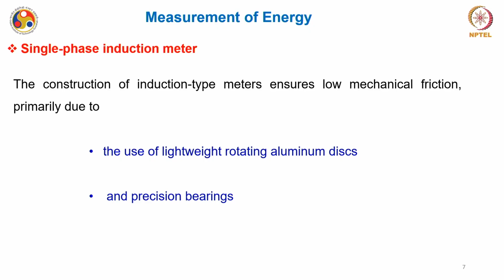This is because they use a lightweight rotating aluminum disc and precision bearings. This lightweight aluminum disc is rotated when there is a change in voltage, or when there is a flow of current, or both. Its rotation is mapped to the number of times it has rotated, and accordingly it integrates the power over time to give energy. So, when power rises, its rotation also increases.